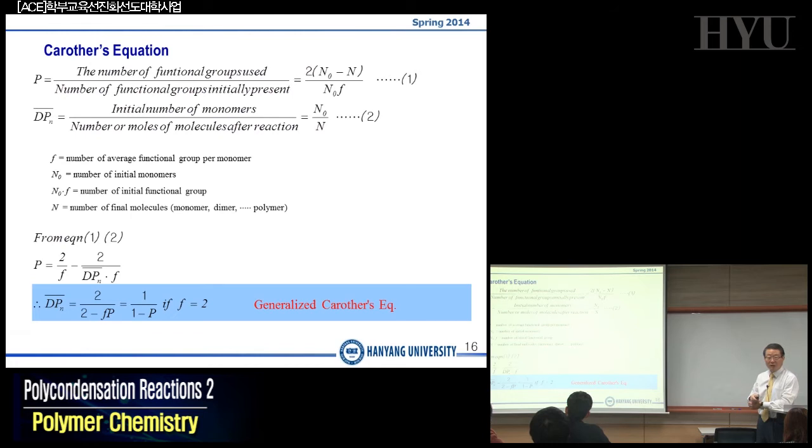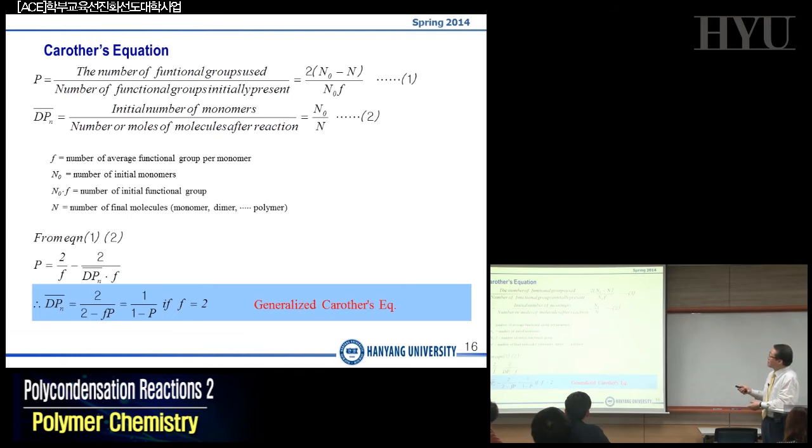Now, it's not that difficult, but the difference between this generalized equation and the simple Carothers equation is the 2 and f. So we will know why we have a 2 here in the numerator or denominator, and f.